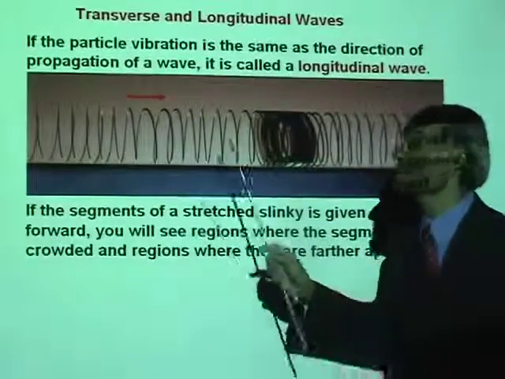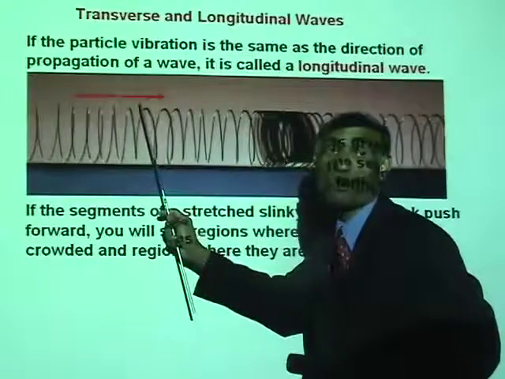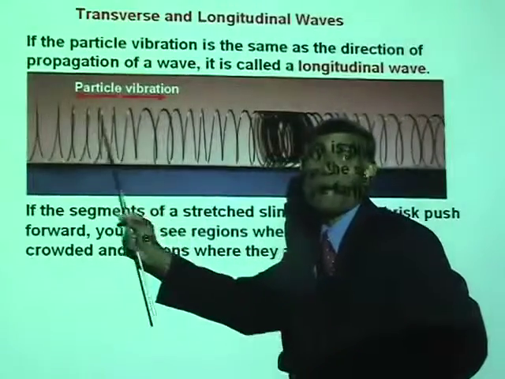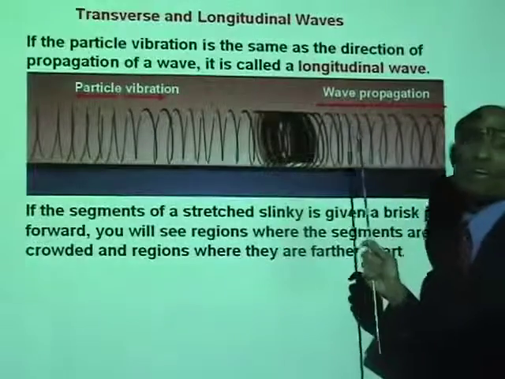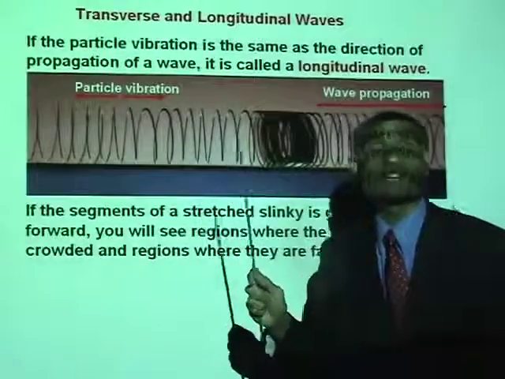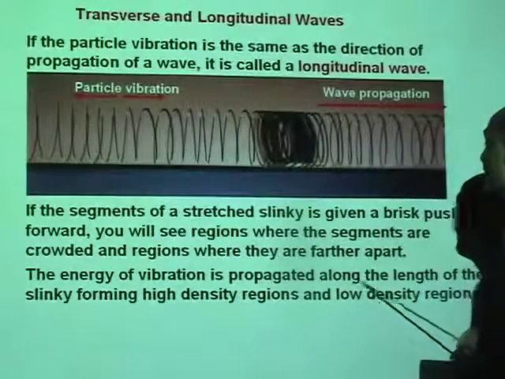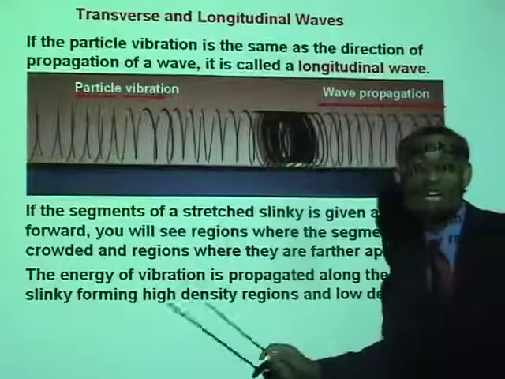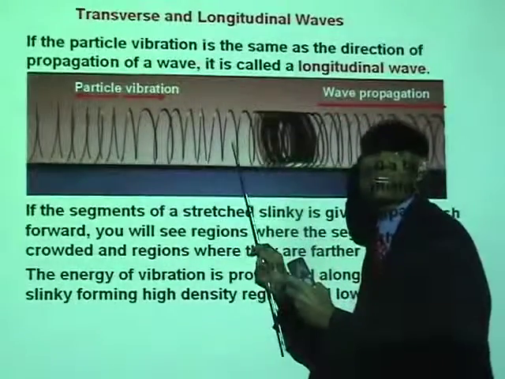The particle vibration is back and forth, or left and right, and the energy or wave propagation is in the same direction. The energy of vibration is propagated along the slinky, forming high density regions and low density regions.